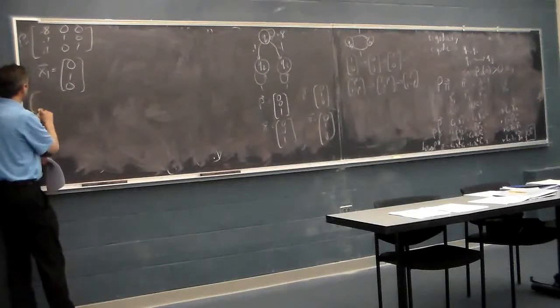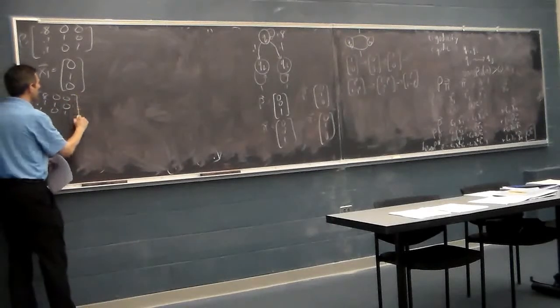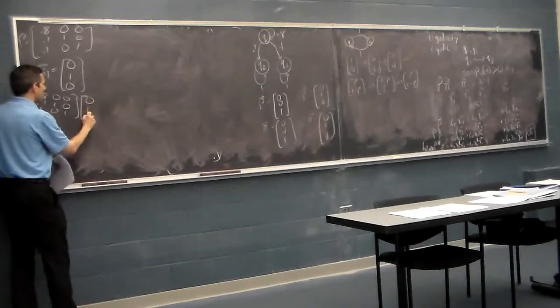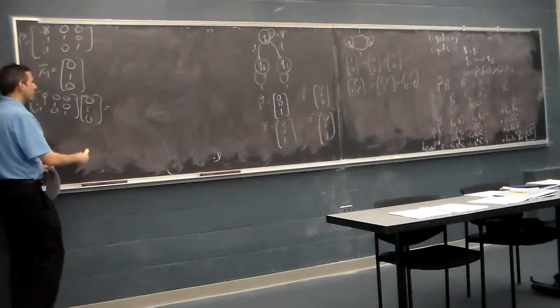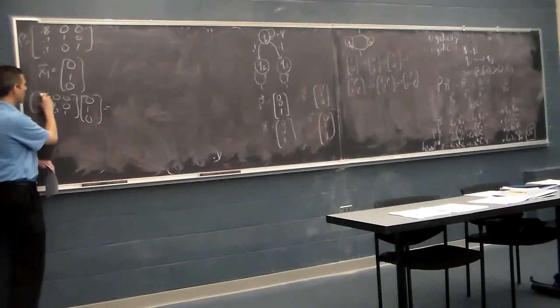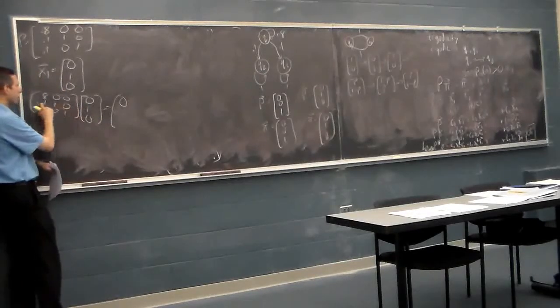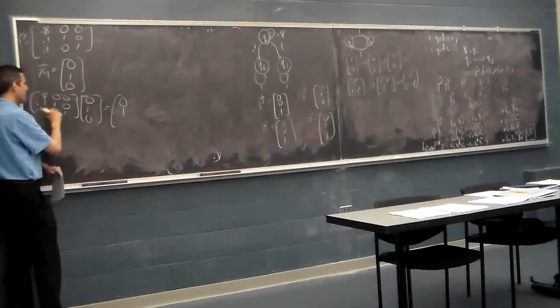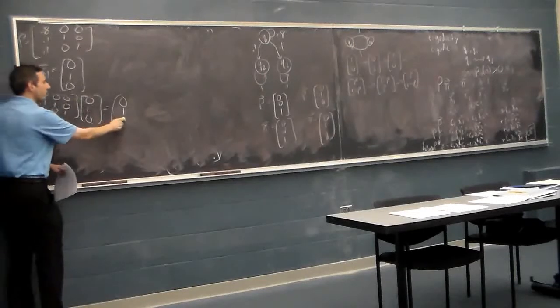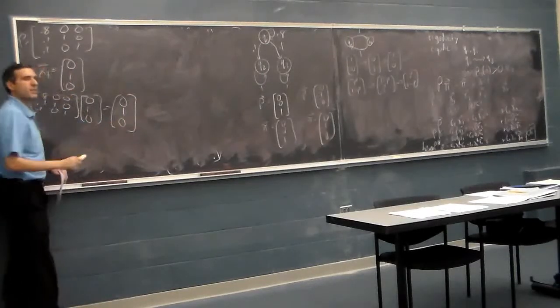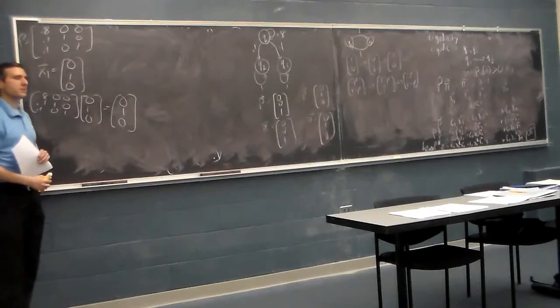Well, if we do the multiplication, 0.8, 0.1, 0.1, 0, 1, 0, 0, 0, 1 times 0, 1, 0, then the dot product of the first row with this is 0, the dot product of the second row with this is 1, the dot product of the third row with this is 0. So what's the eigenvalue?